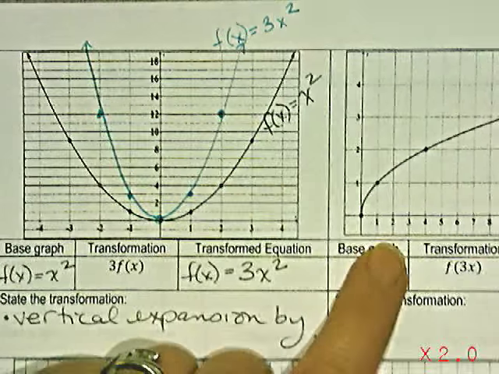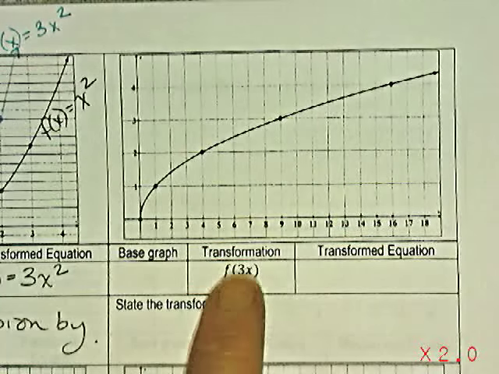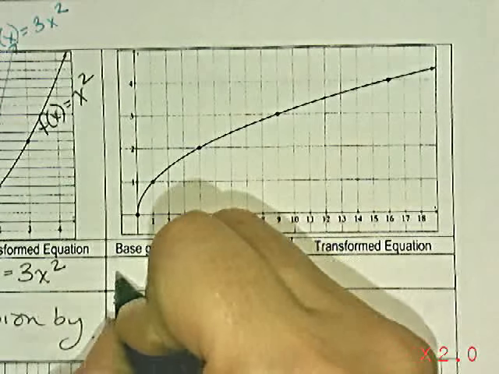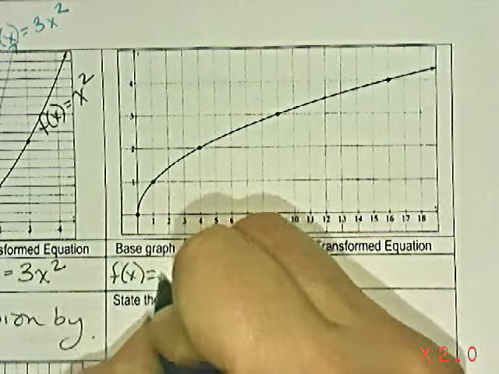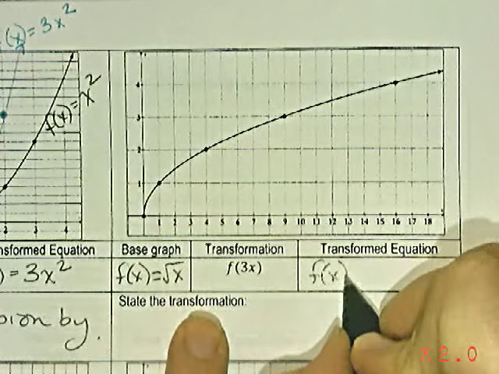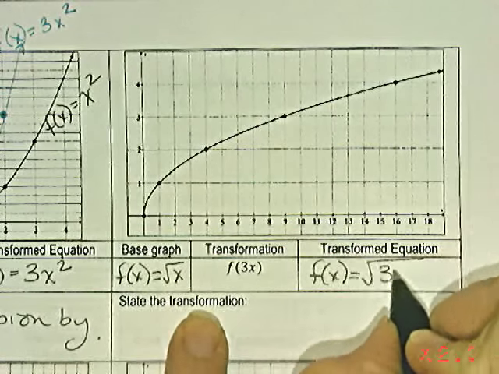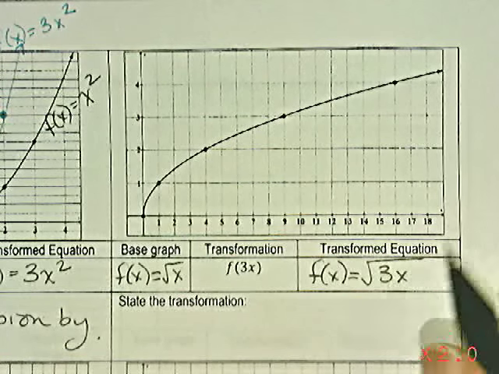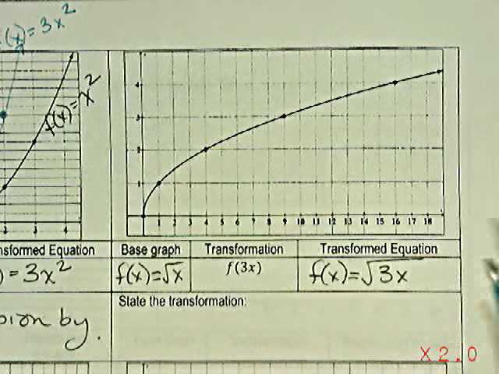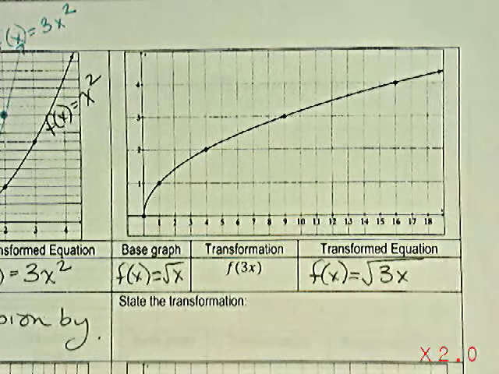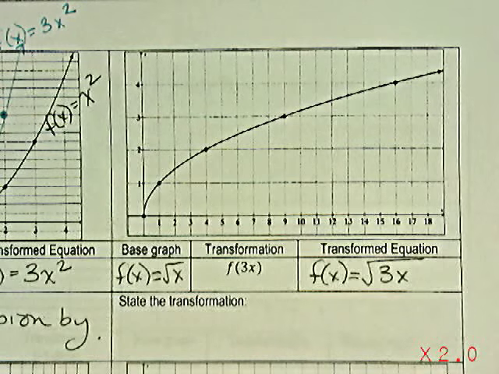With my square root function, if we have a 3 inside my square root, here we're working with the base graph of a radical function, the square root function. Putting a 3 inside means that I tuck the 3 inside my function with x. We learned that that's a horizontal transformation, which means that a horizontal effect always does the opposite.